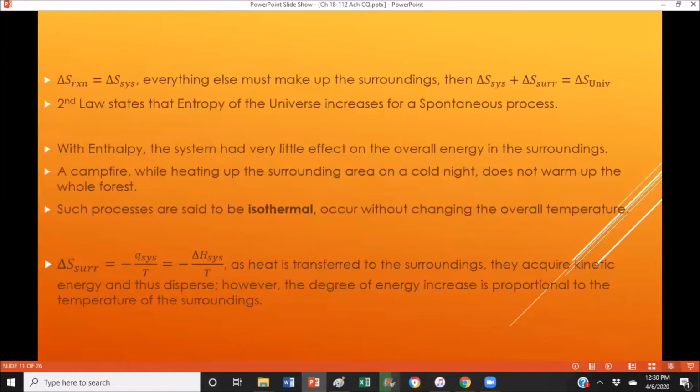So we're going to figure out our delta S surroundings as a function of the negative delta H system over the temperature in Kelvin. And so if we figure out the delta S system and the delta S surroundings, we can find the delta S universe without a problem.